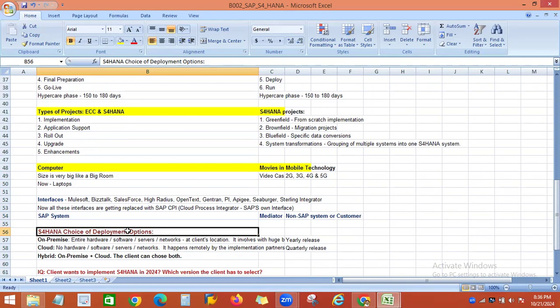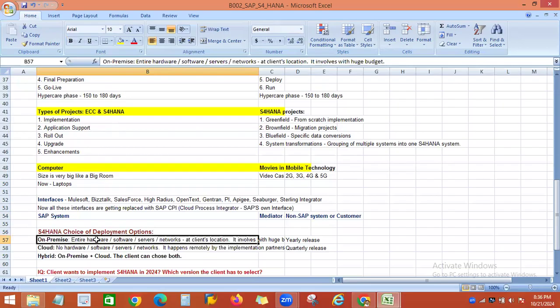Guys, please remember, in SAP ECC there is only one choice for the database, that is nothing but on-premises. So what is meant by on-premises? You might have seen, if you went to any manufacturing company, the server room.